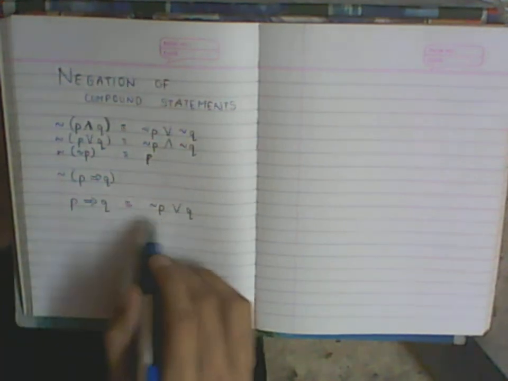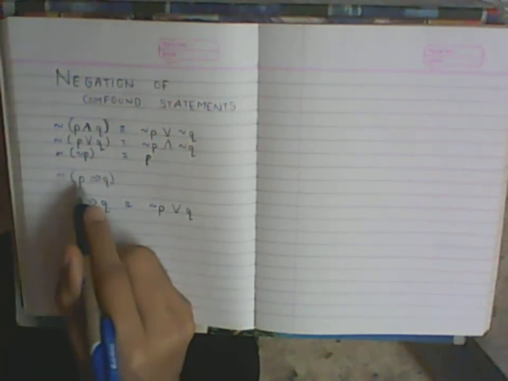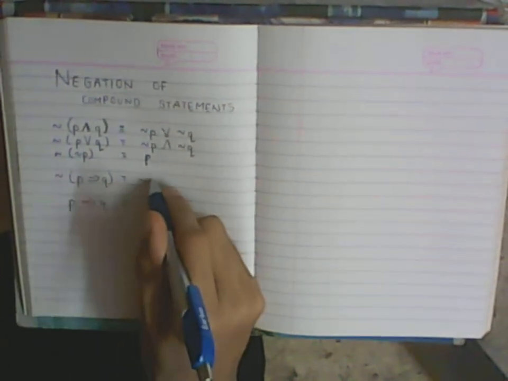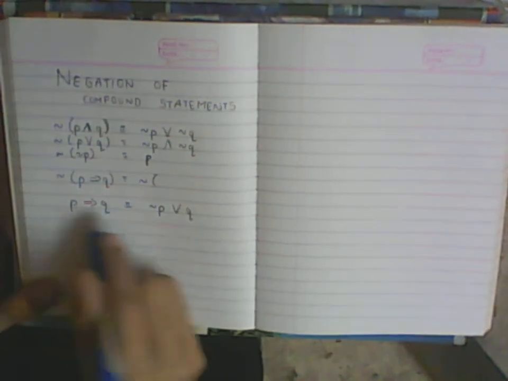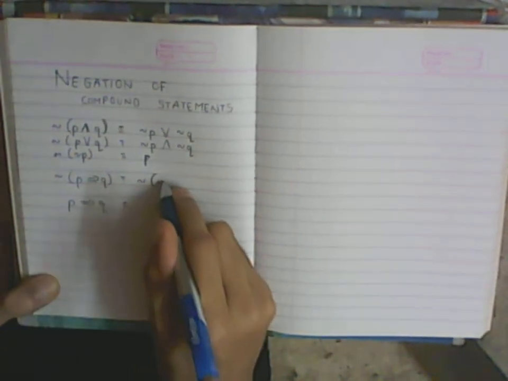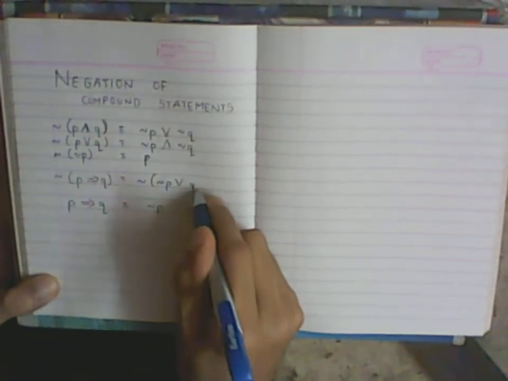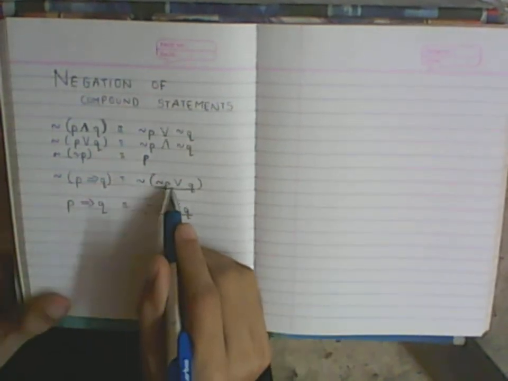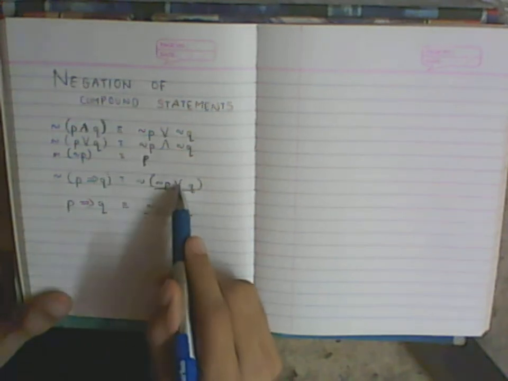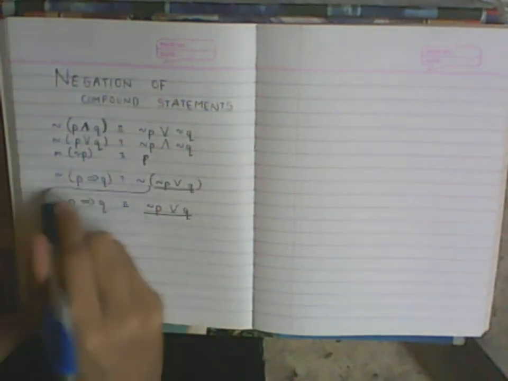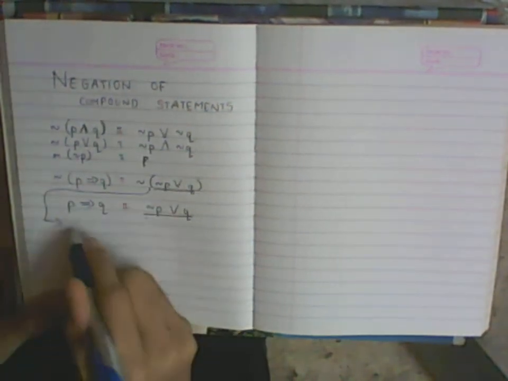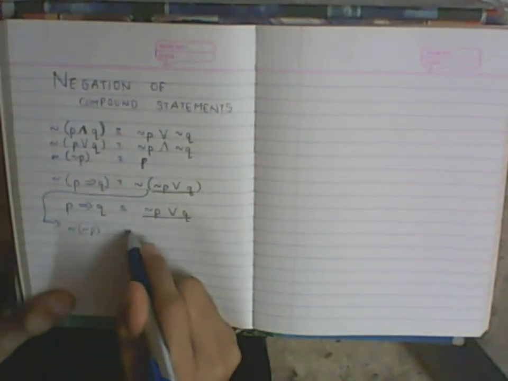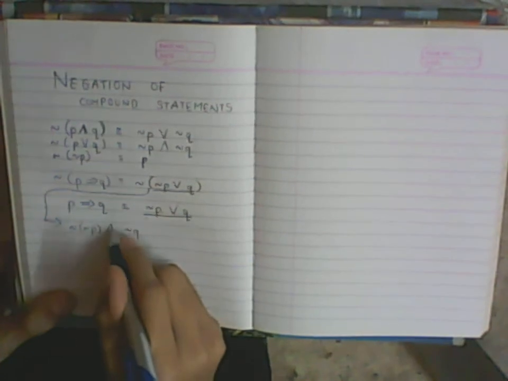So once we have this, I can say that finding the negative of an implication is as good as finding the negative of this statement, because the implication is as good as this. So negation of not P or Q. And now I can use my previous knowledge of a negation of an or. So if I write it over here, negation of an or gives you the negation of individual components, but with an and between them.